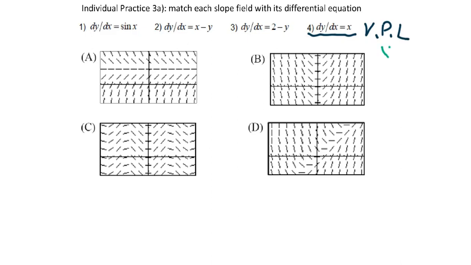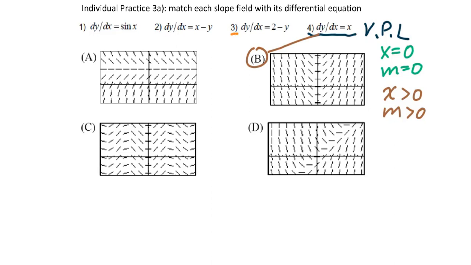Now, when x equals 0, the slope equals 0, which means on the y-axis you have a horizontal line. And also when x is greater than 0, slope is greater than 0. On the right side of the y-axis is all positive slope. So you could say B will be number 4.